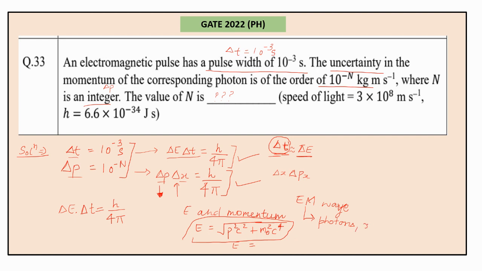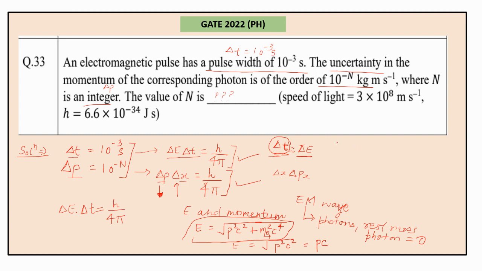It's zero. Rest mass of photon is zero. Okay, put m not zero in this formula. So E is equals to under root p square c square. E is equals to p c. Okay, this is the formula. E is equals to p c.